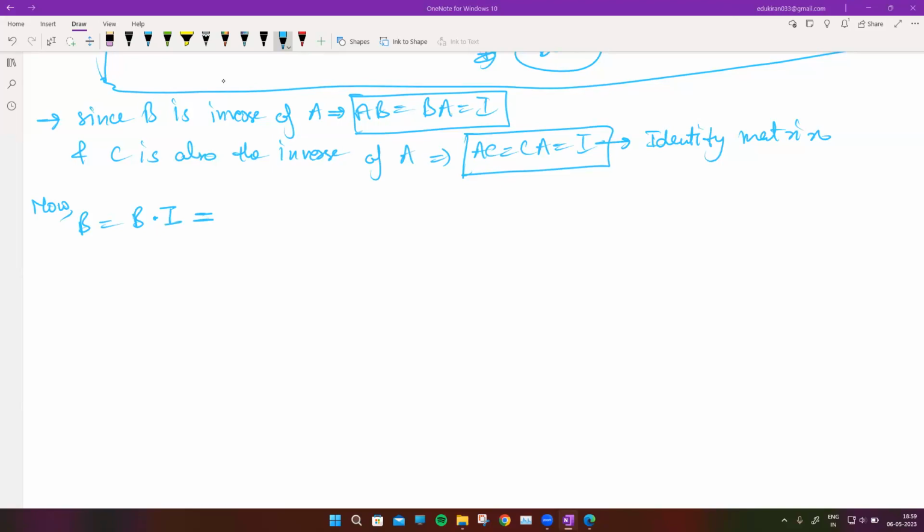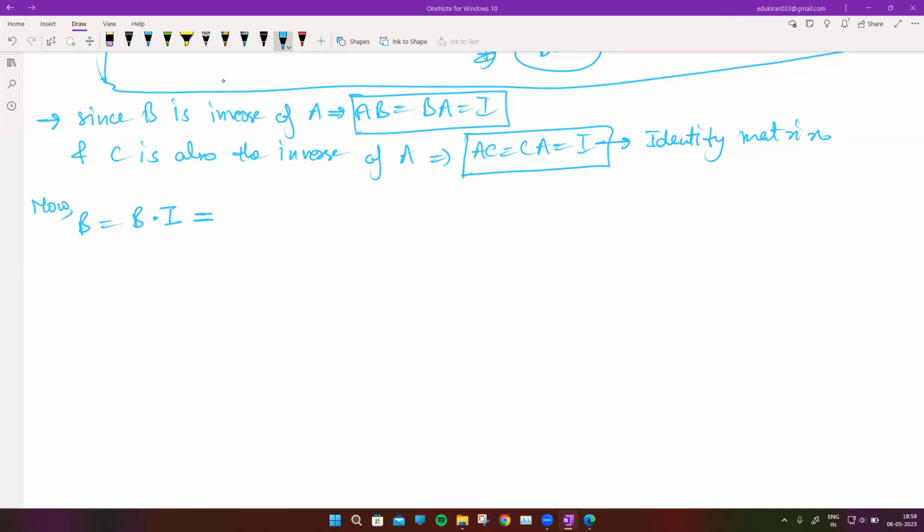And there is a property related to the identity matrix that you can multiply it with any other matrix and it gives you the same matrix, right? It just behaves like 1, the arithmetic number 1, as in all arithmetic calculations. It behaves the same in matrices. So I is just like 1.